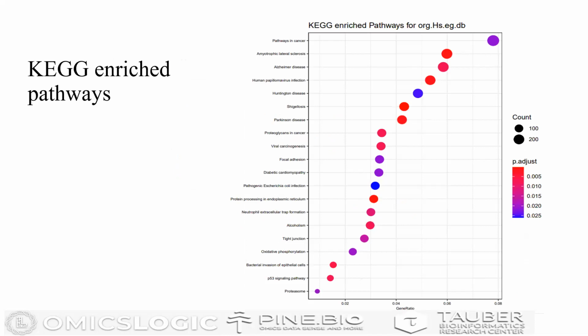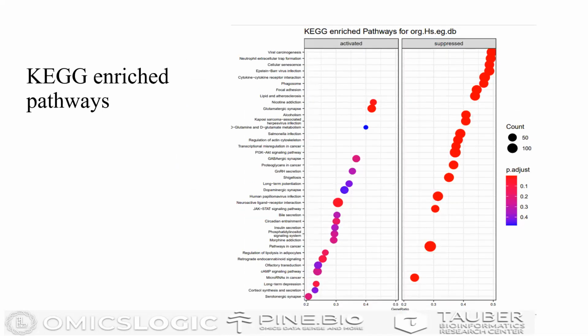KEGG enriched pathway provides information on enrichment of genes in the area displayed on the basis of two parameters, which are count and adjusted p-value. It is observed that the highest number of upregulated genes is associated with glutamatergic synapse and nicotine addiction pathway, while the highest count of downregulated genes is related to viral carcinogenesis pathway.